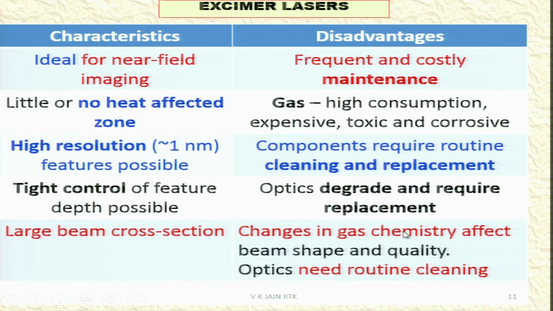Changes in gas chemistry affect beam shape and quality, because laser beam is being used for the purpose of removal of the material. Optics used in the excimer laser system need routine cleaning.